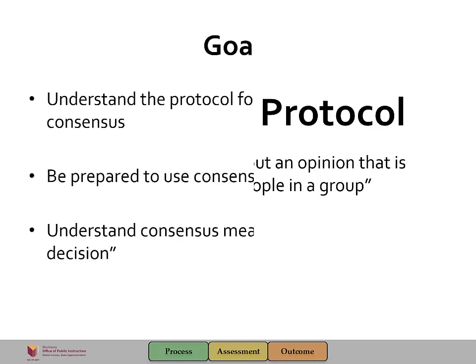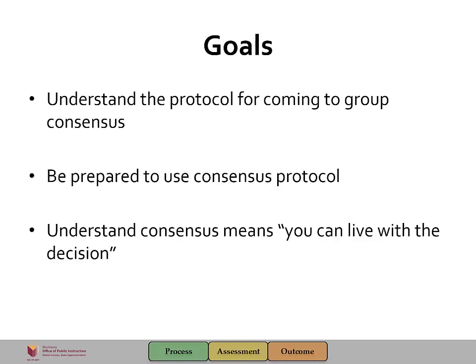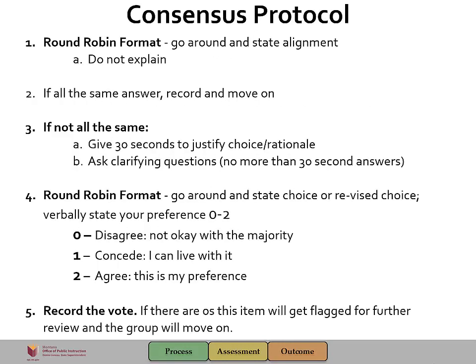A few goals we have for consensus is that you understand the protocol for coming to agreement, that you're prepared to use the consensus protocol, and that you understand consensus means you can live with the decision made by the group. Here is a modified version of the consensus protocol that was given in the Ahead of the Curve summer workshop.